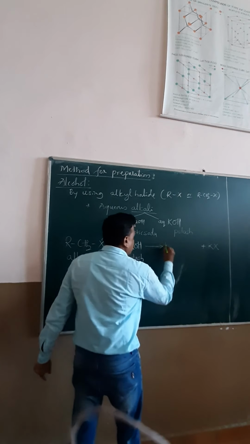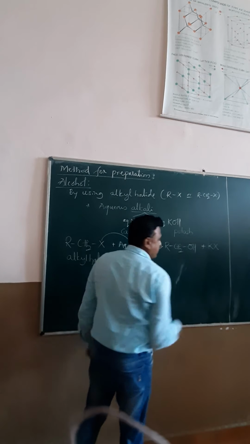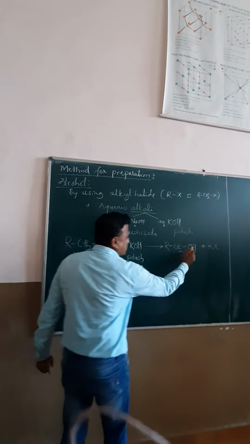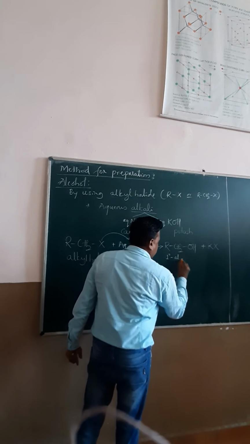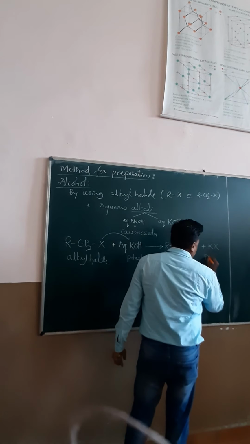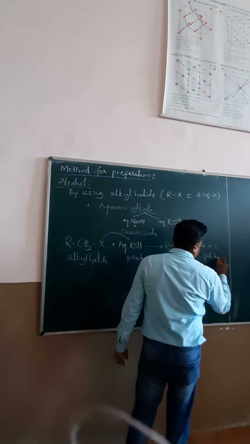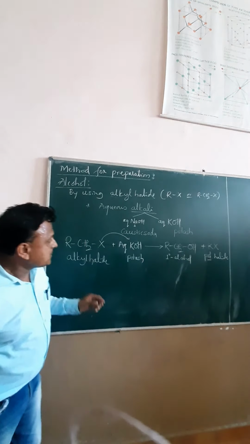The remaining compound is RCH2OH. I think all of you know the definition: the OH is attached to the carbon containing two hydrogens. Once again, this is a primary alcohol. KX stands for potassium halide.